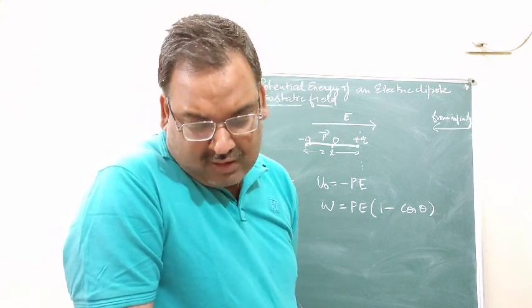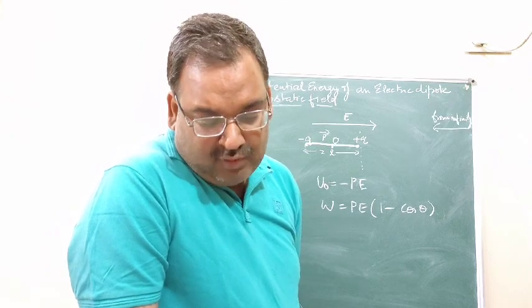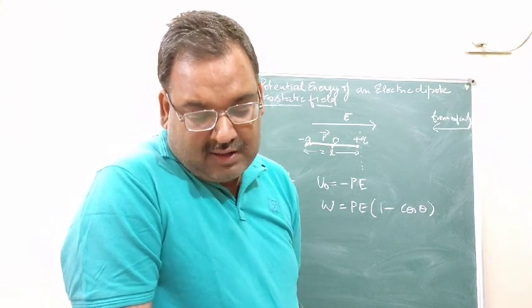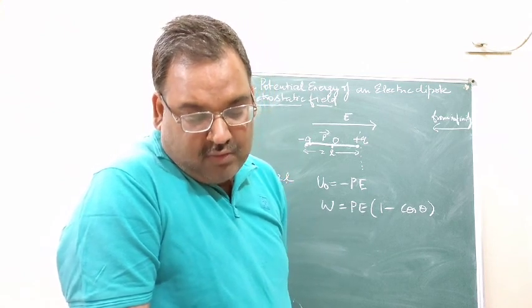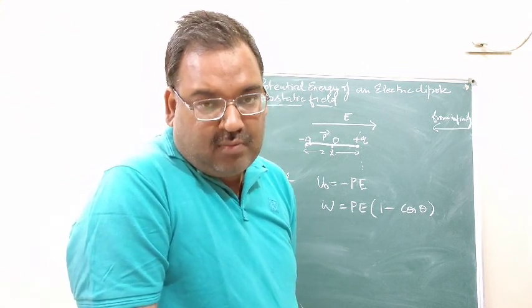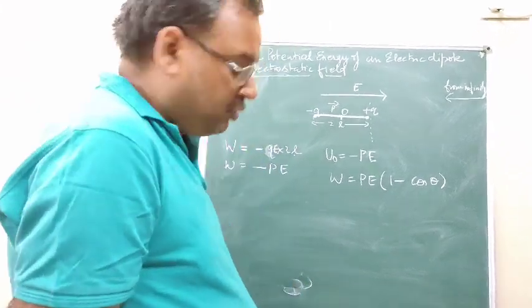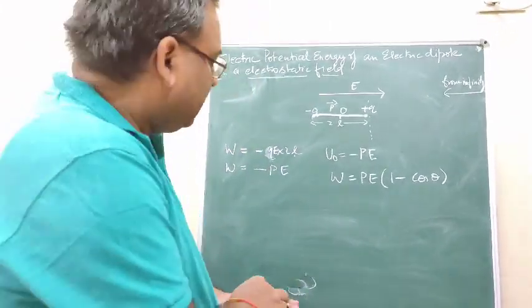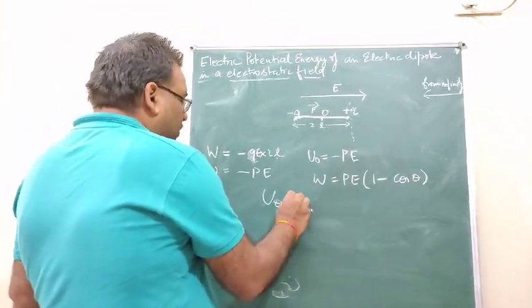So the net work done results in the increase of potential energy of the dipole when the dipole rotates by an angle theta, given by U is equal to U theta. What is happening now? Translatory motion plus rotatory motion both are taking place.